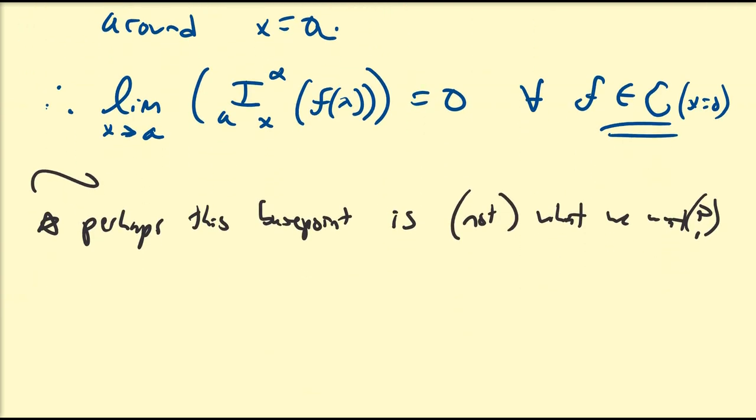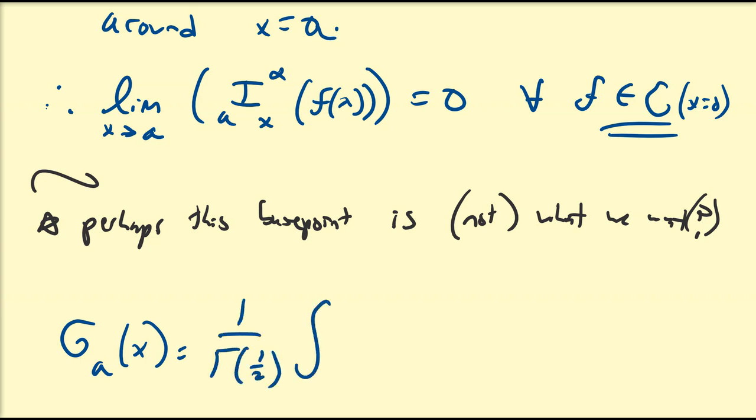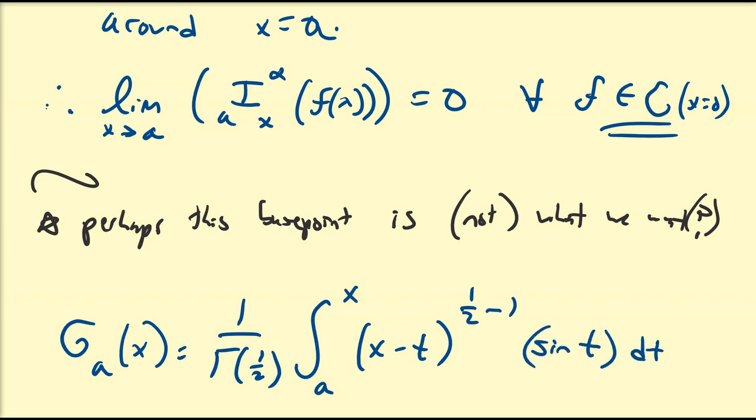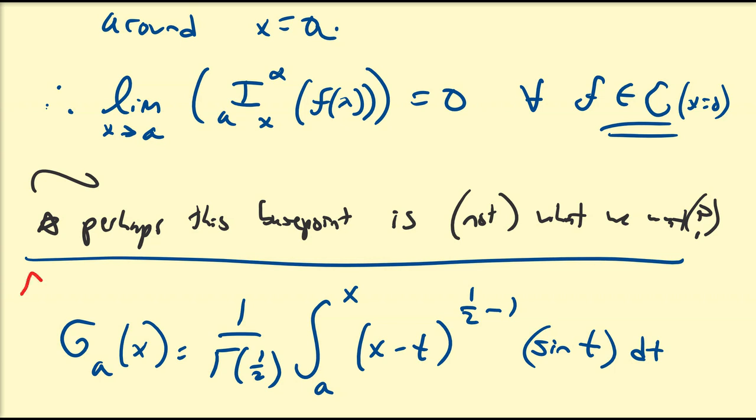All right, so what I'm going to do is define this function, g base point a of x, to be equal to 1 divided by gamma of 1/2 times the integral from a to x of (x minus t) to the power 1/2 minus 1 times sine of t dt. So what is this function that I'm defining?